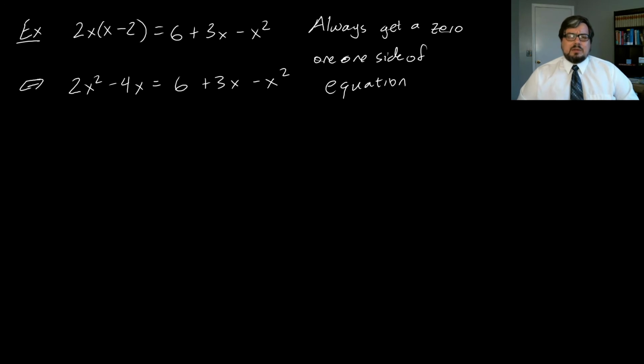The one thing that I will say is that it's usually easier to put yourself in a situation where the coefficient of x squared is positive. So in this case, I'm going to bring my x squared terms over to the left. And therefore, I want to bring everything else over to the left as well.